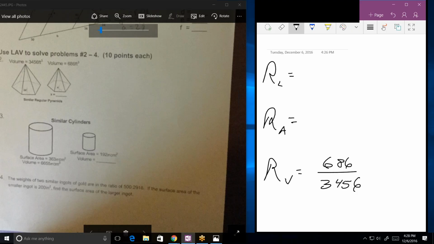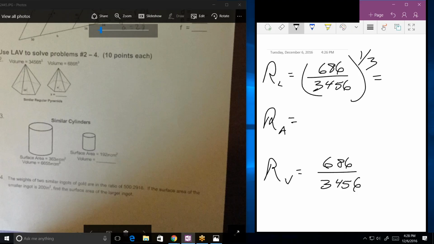Well, he wants us to reduce it into a cube root. Okay, here's what we're doing. R sub L is the cube root.